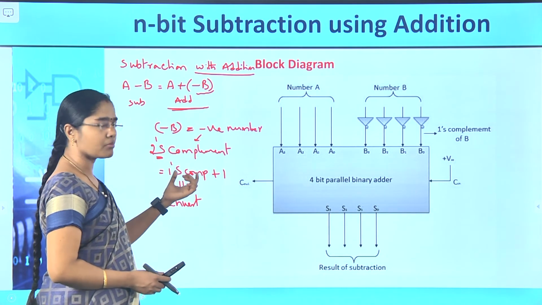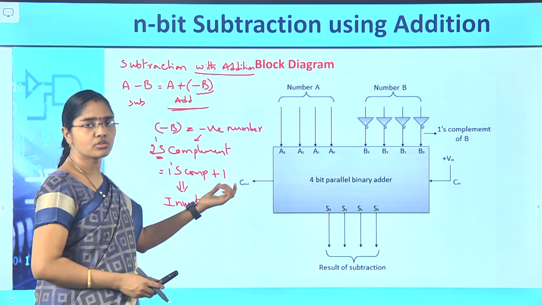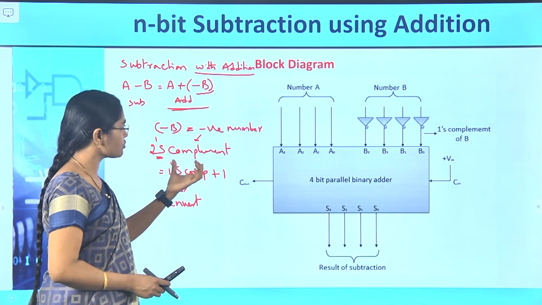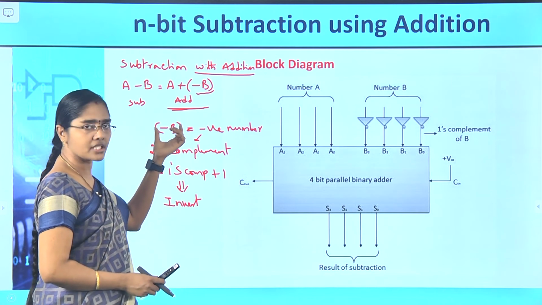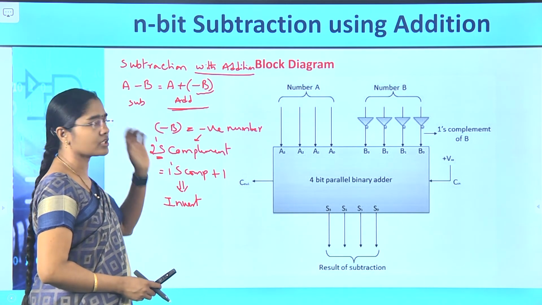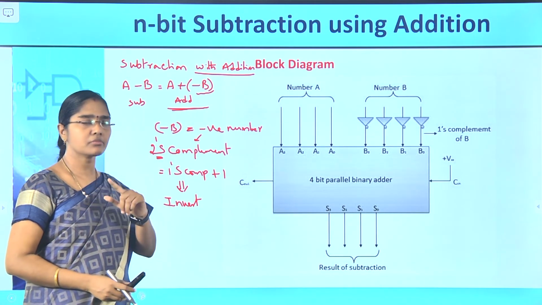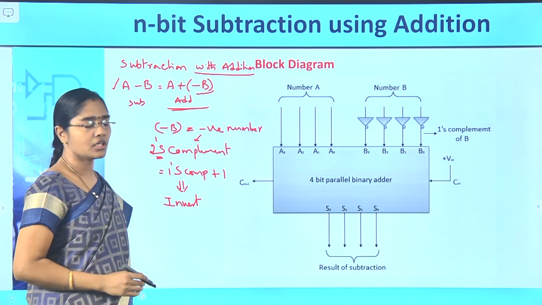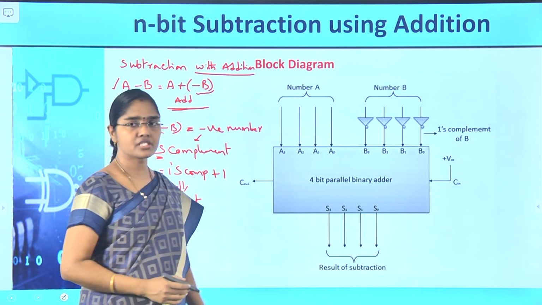Then add 1 to the LSB, and that becomes the 2's complement, which is equal to minus b. That minus b is added to a, which is nothing but the a minus b operation. For that, let us see the block diagram representation.